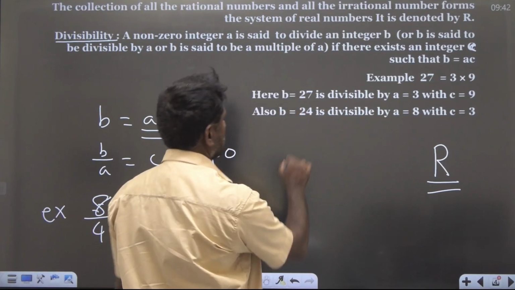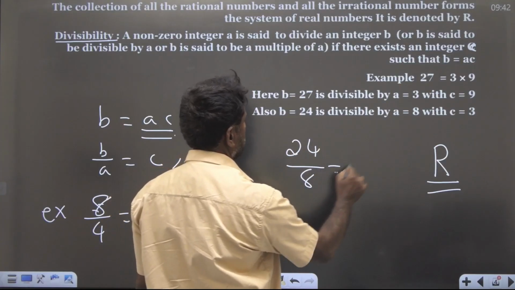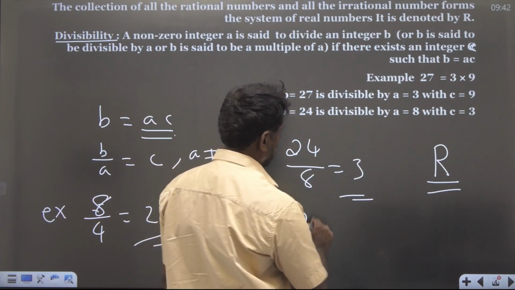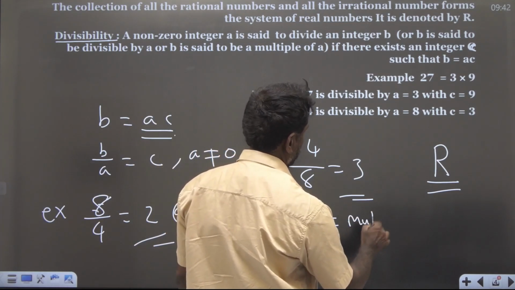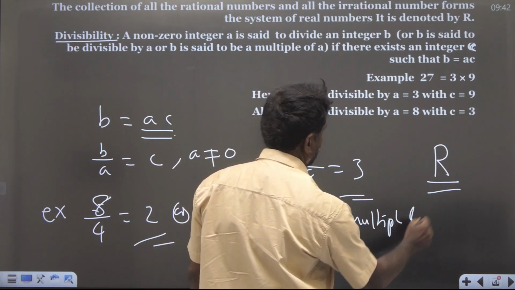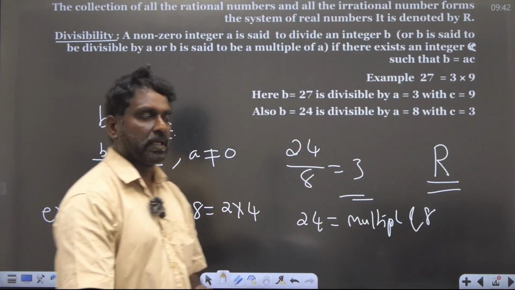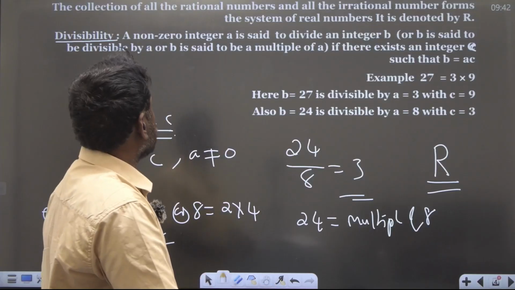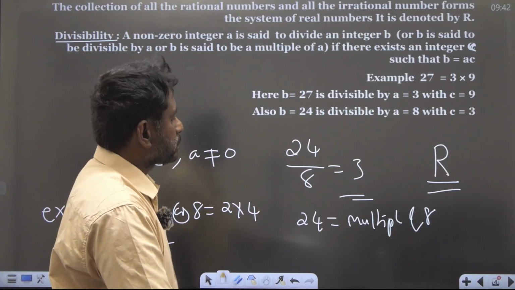What is the reason? 24 by 8 is equal to 3, or 24 is a multiple of 8 or a multiple of 3. Okay, this is called divisibility.